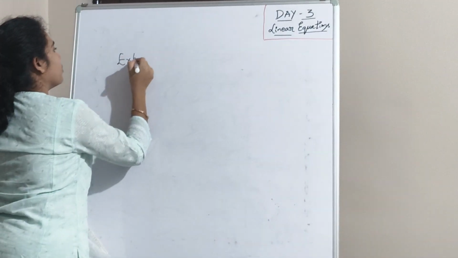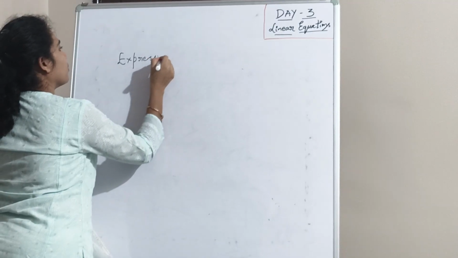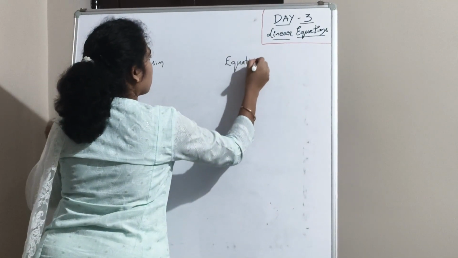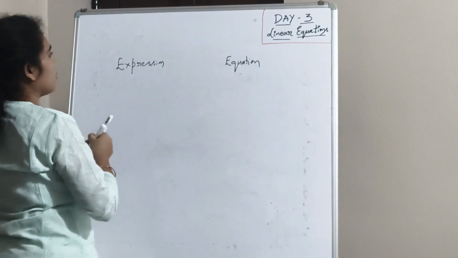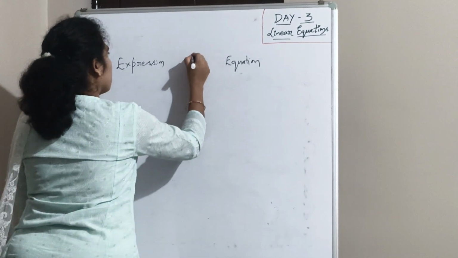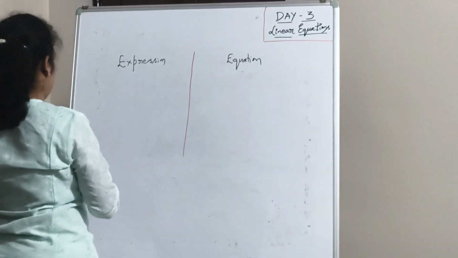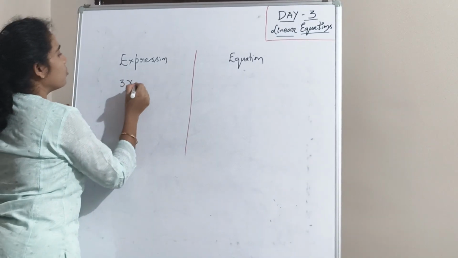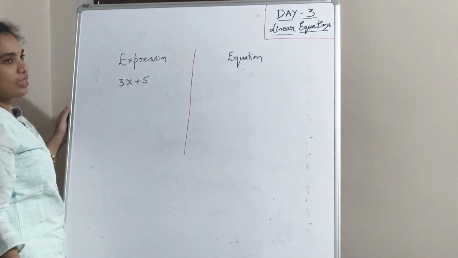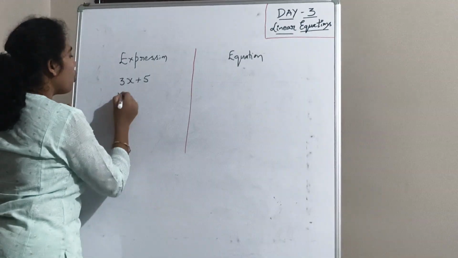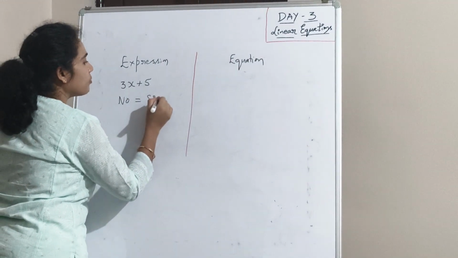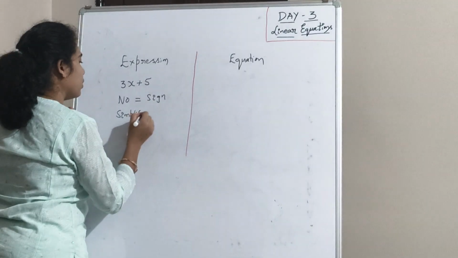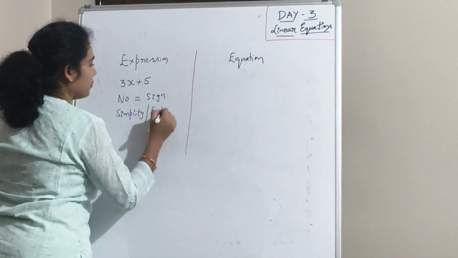Expression means, for example, we can take 3x plus 5. No equals to sign. Simplify or evaluate.